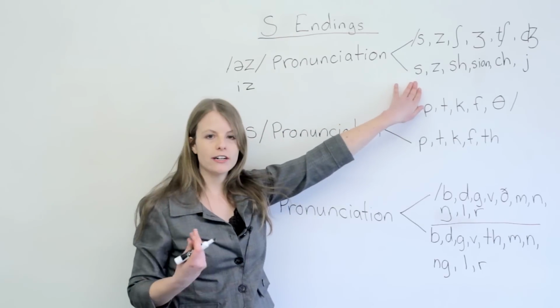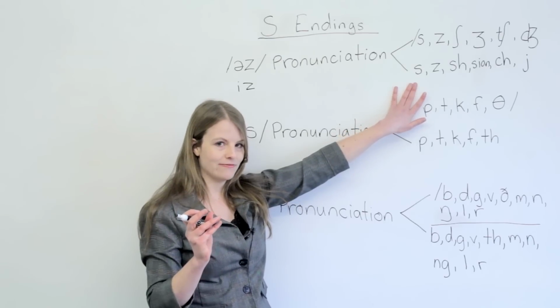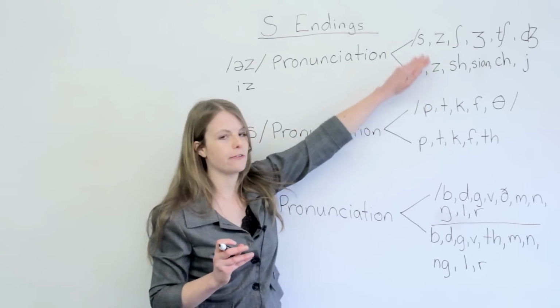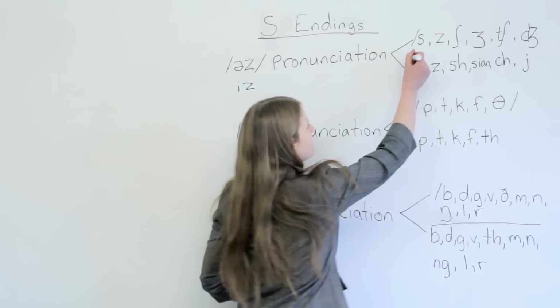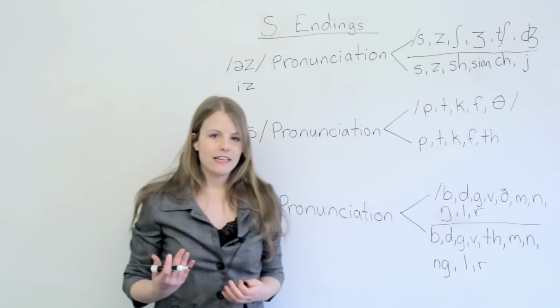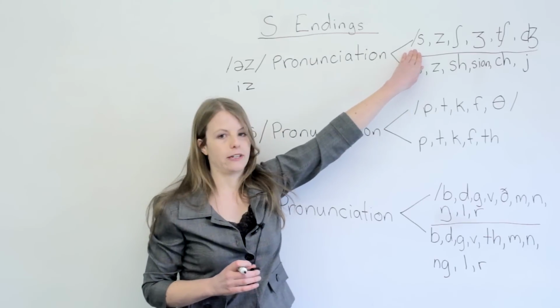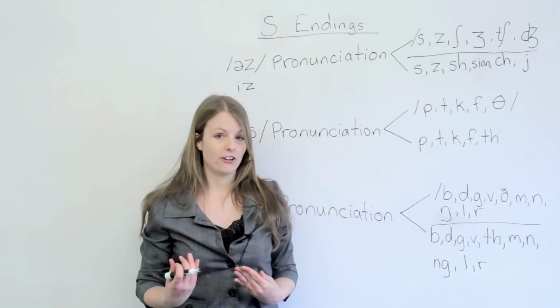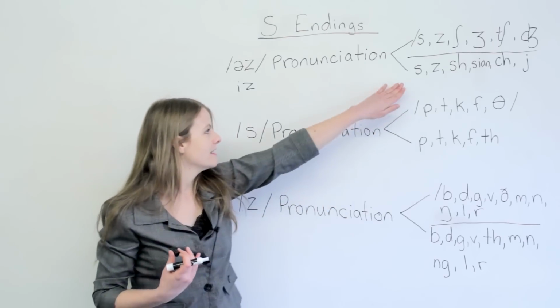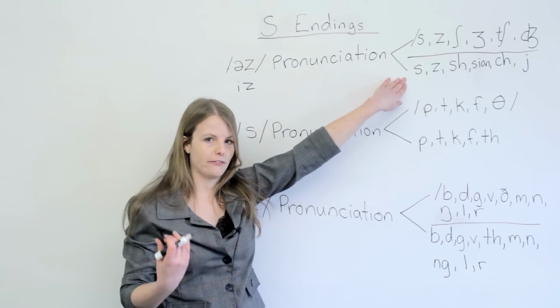Well, if the word ends in an S sound, so up here I have 2 alphabets. So if you know the International Phonetic Alphabet, follow this one. If you don't know the International Phonetic Alphabet, then follow this one. This is our regular alphabet.